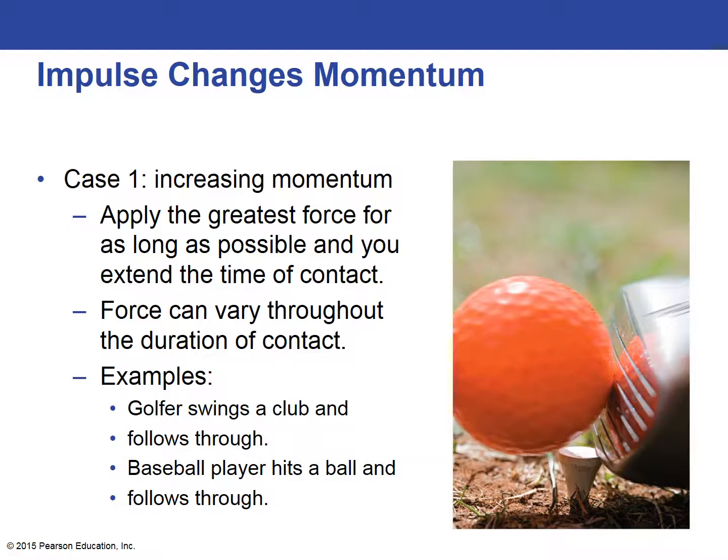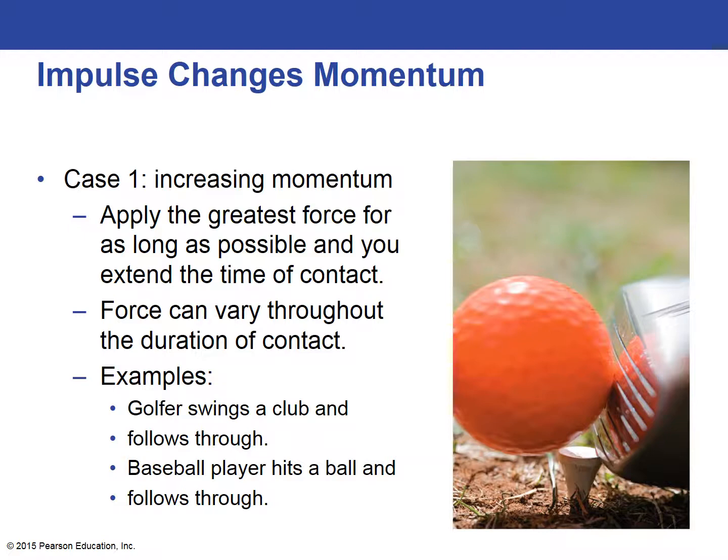The idea, in order to generate the greatest velocity of the ball, is to extend the swing of the club as long as possible, so that force is continuously applied to the base of the club until the ball is well on its way beyond the extent of the club. So by applying that force for as long as possible, one increases the impulse and therefore gives the ball its maximum velocity.